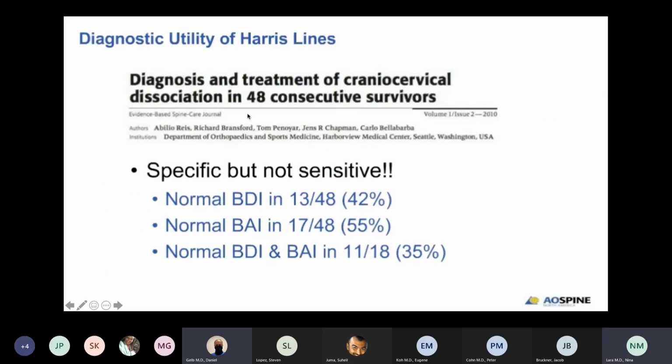Okay, so what I want to know, if the study said, of the 35% of people who had normal BDI, BAI, and so on, right? How many of these people, so they would have been missed. You would have looked at that and said, that's normal, right? Yeah. Mm-hmm.